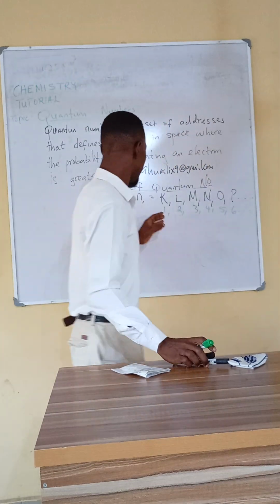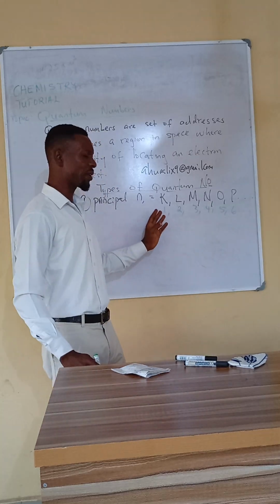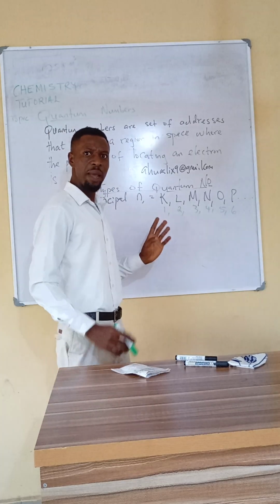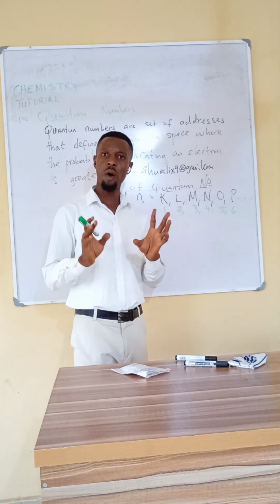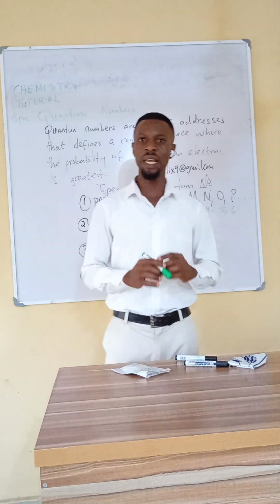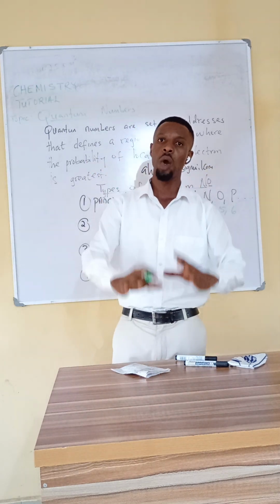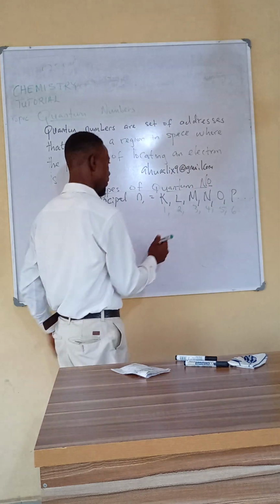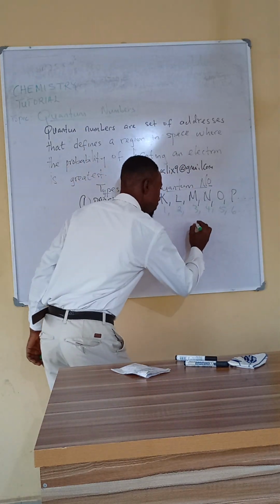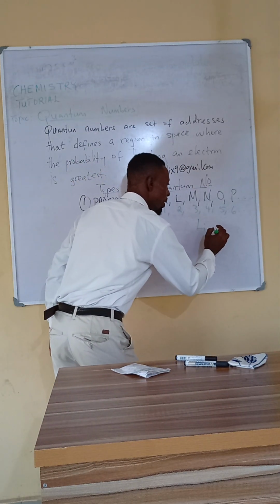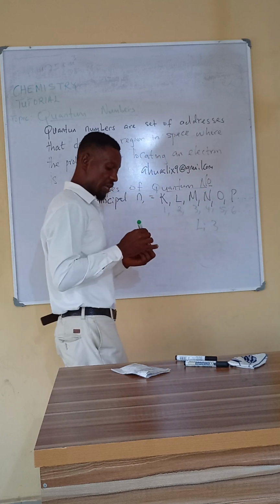So, how do we explain this about energy levels? Let me give you an instance of the lithium atom, a simple model of its electronic configuration. Lithium has 3 electrons.